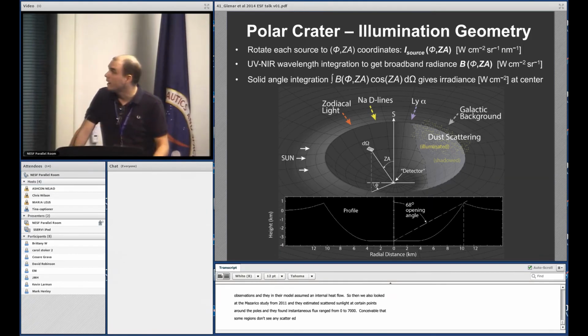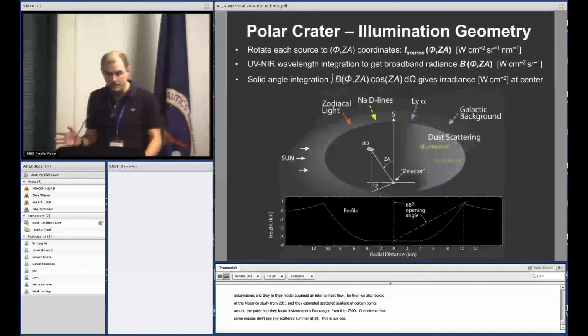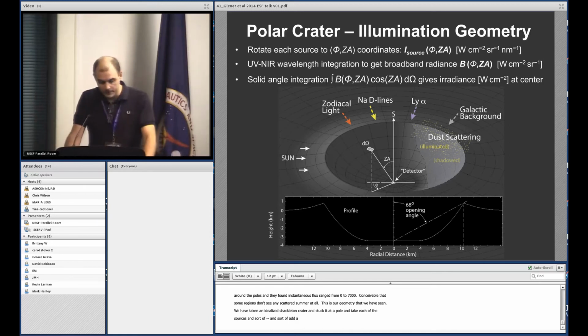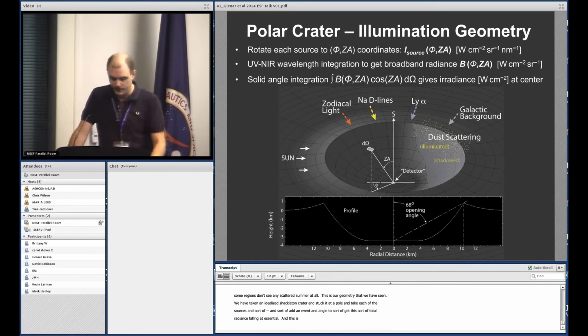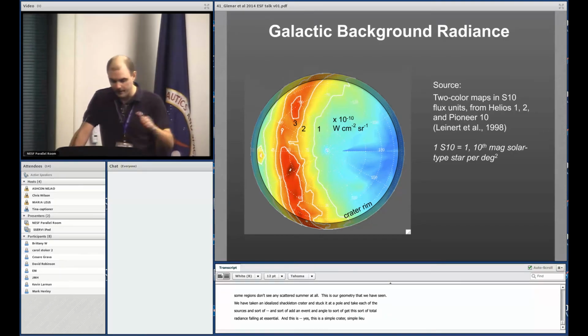So this is the geometry that we assume. We take an idealized Shackleton crater and stick it at a pole, and then we take each of these sources and rotate them, and add up over wavelength and angle to get the total irradiance falling at the center of the crater.